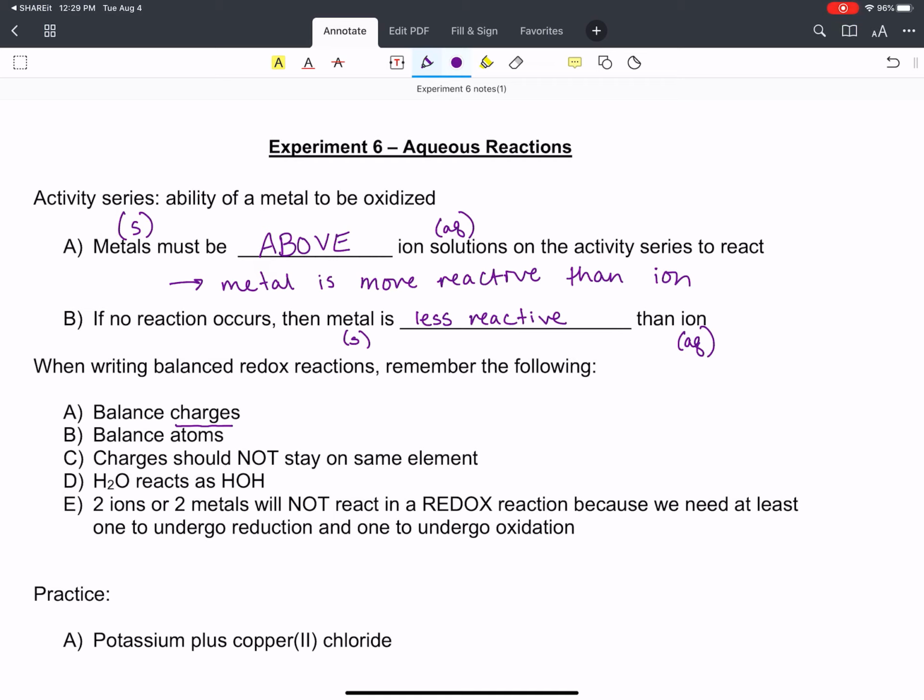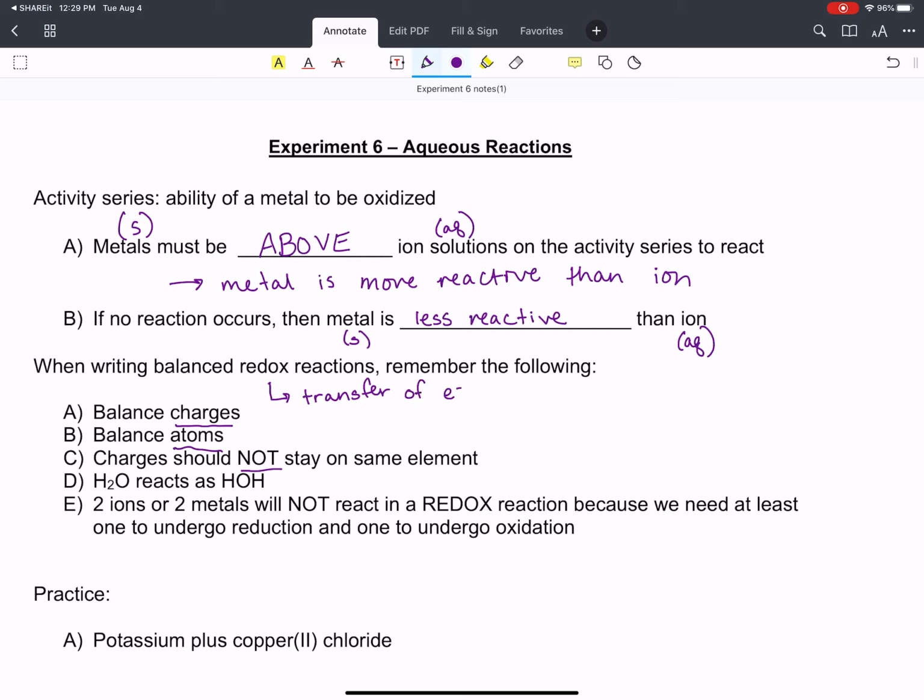Once you've balanced your charges, you also have to balance your atom count. Again, the charges should not stay on the same element because otherwise it's not a redox reaction. Redox means that we have the transfer of electrons, and so the charges will be changing.